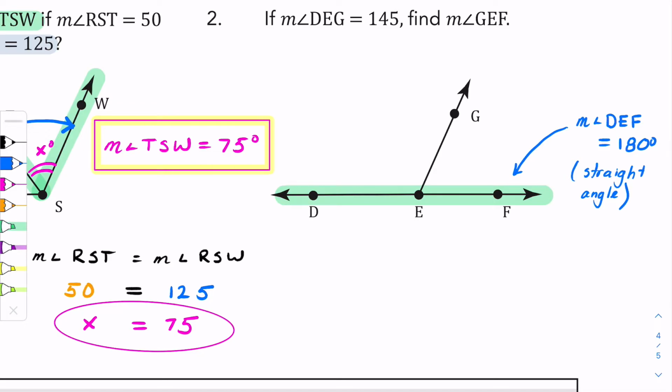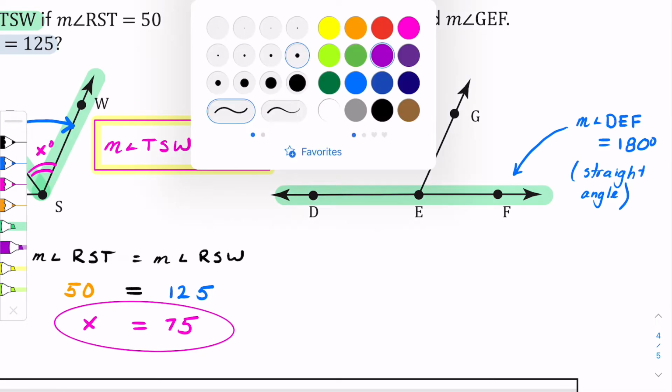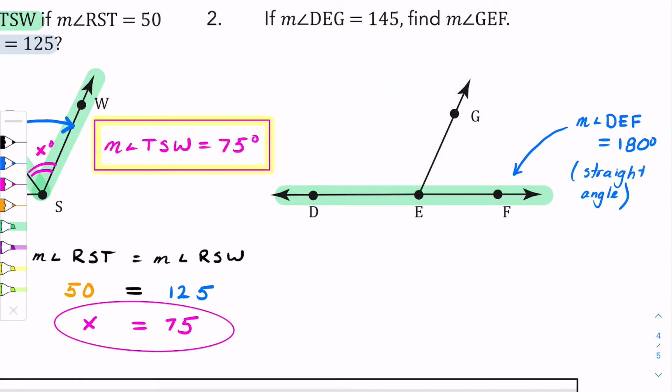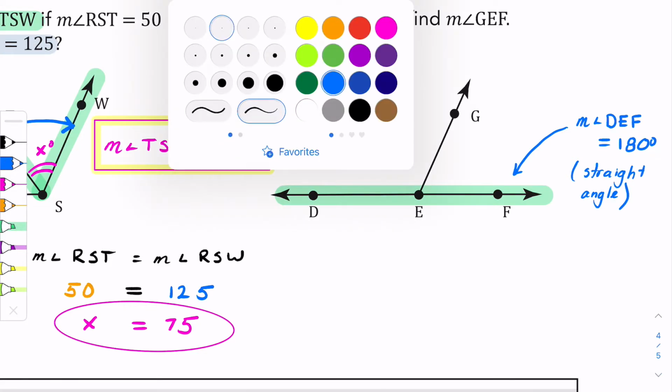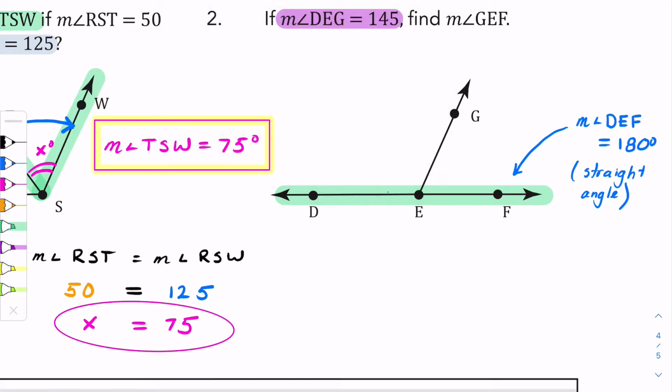Now going over what the rest of the problem tells us, we see that DEG is equal to 145. So I can fill that in as DEG equals 145 degrees. We know that the total angle is 180, and we are looking to find the measure of angle GEF.